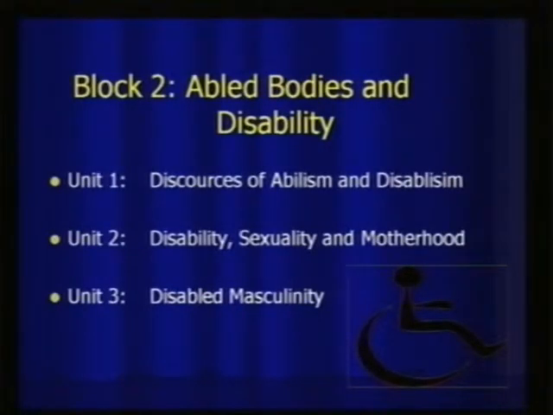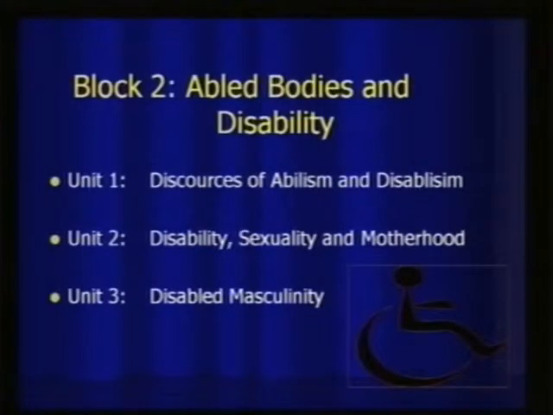Unit 2 is on disability, sexuality and motherhood. Here we ask how disability as a social category influences women with disability differently than men with disability. In this unit we will be specifically talking about disability, motherhood and sexuality.